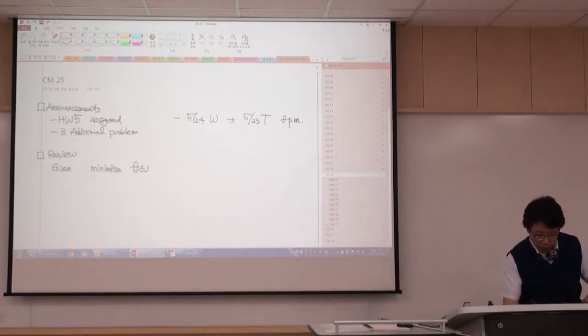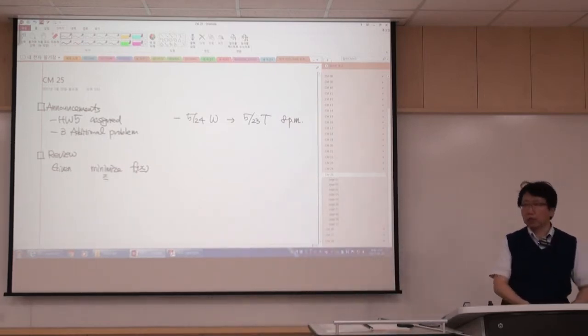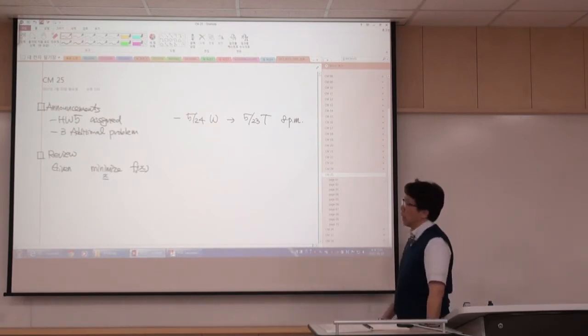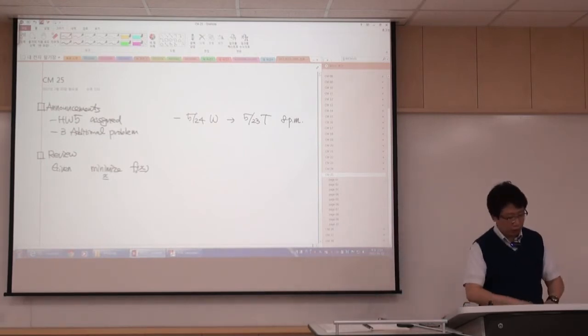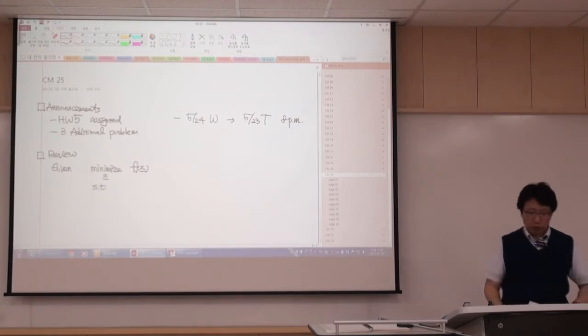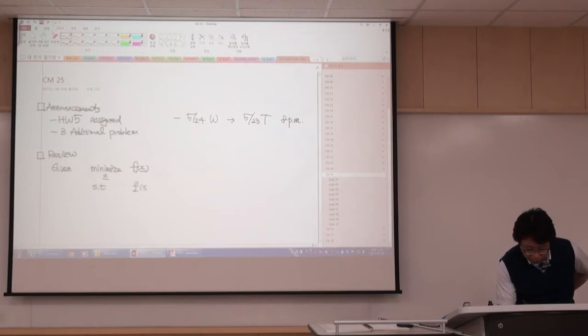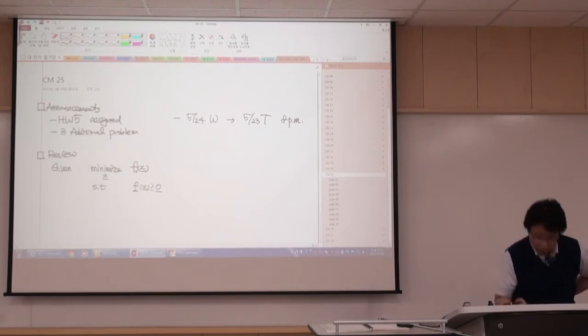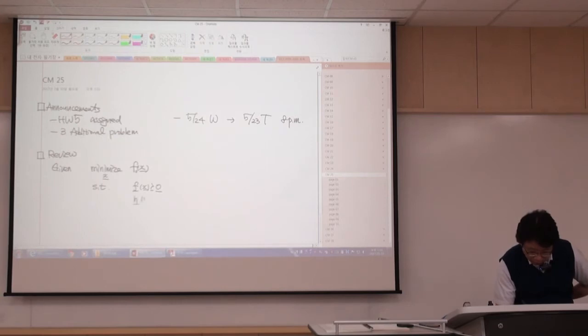Again, our parameter to be optimized is an n-dimensional real vector, and subject to inequality constraint and equality constraint.